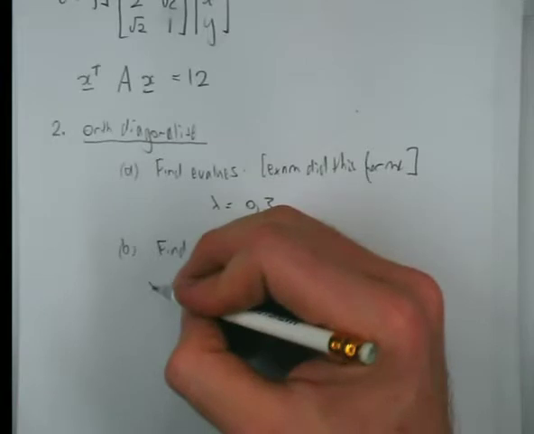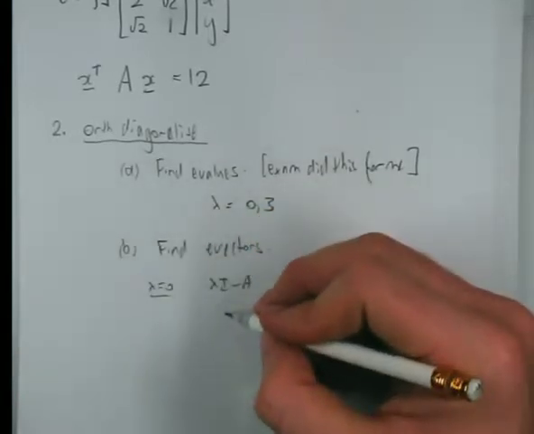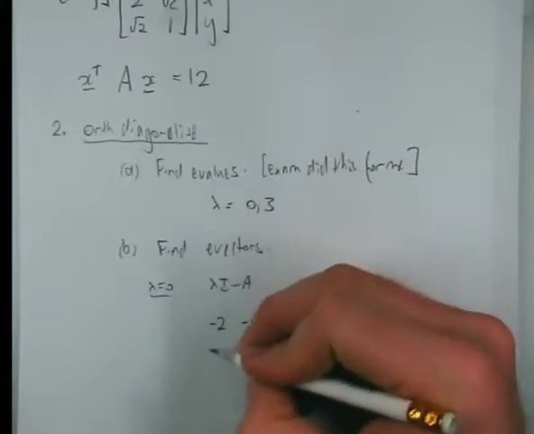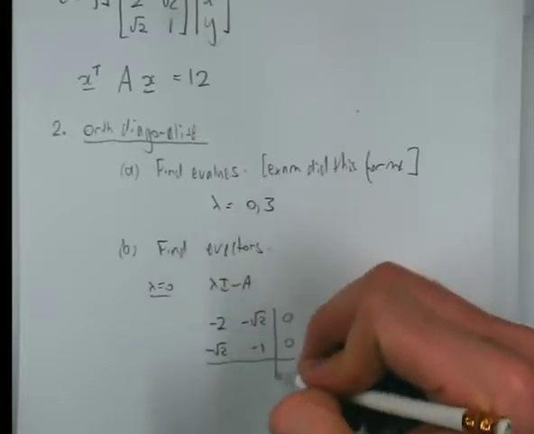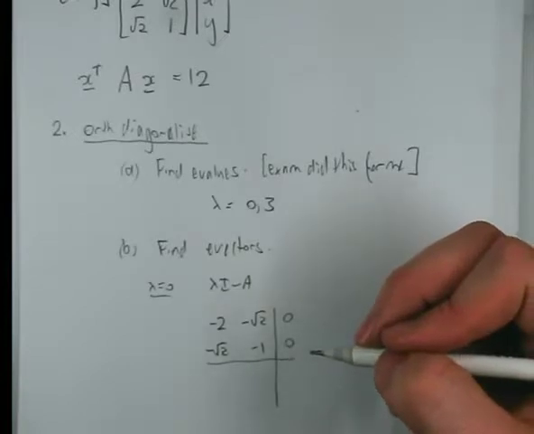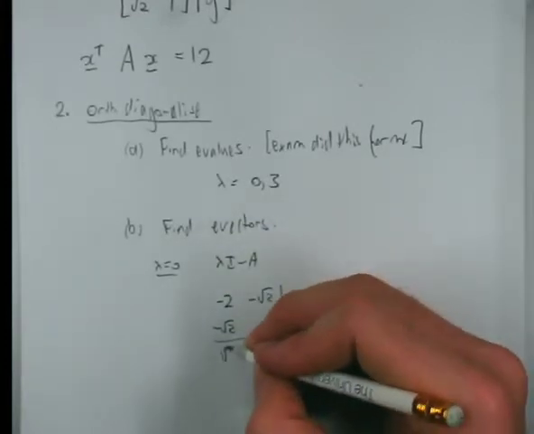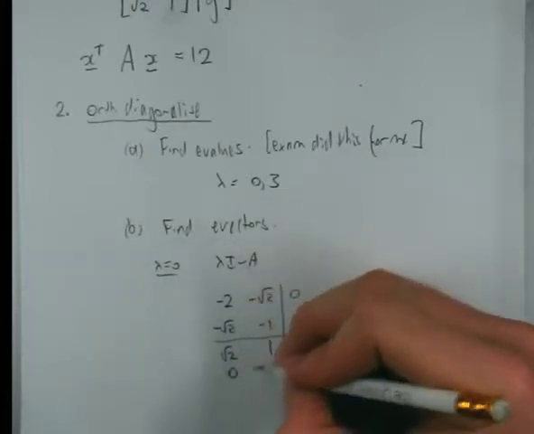So if lambda equals 0, then lambda I minus A is 0I minus A. If I shift the bottom one up to the top and times it by minus 1, and times it by root 2, I will manage to make it the same as the other row.